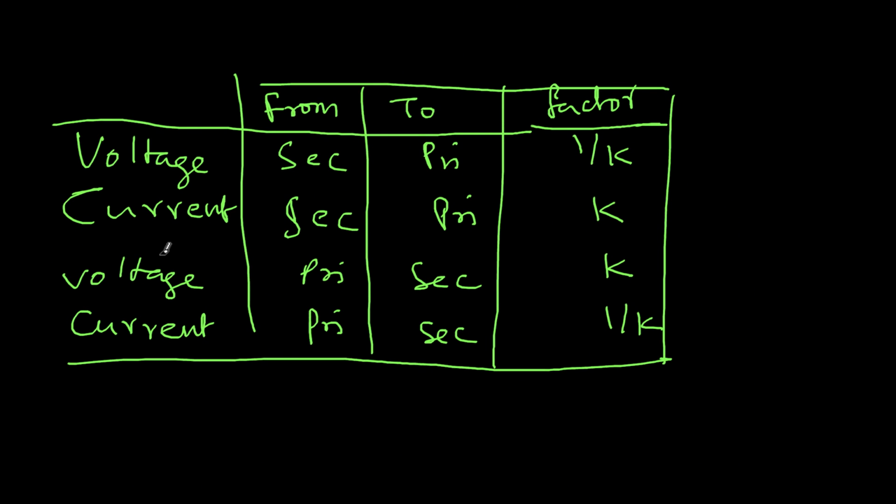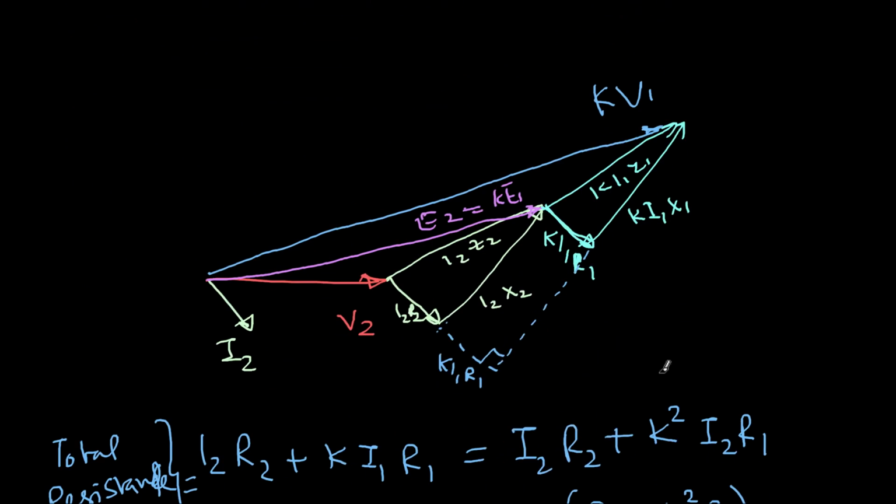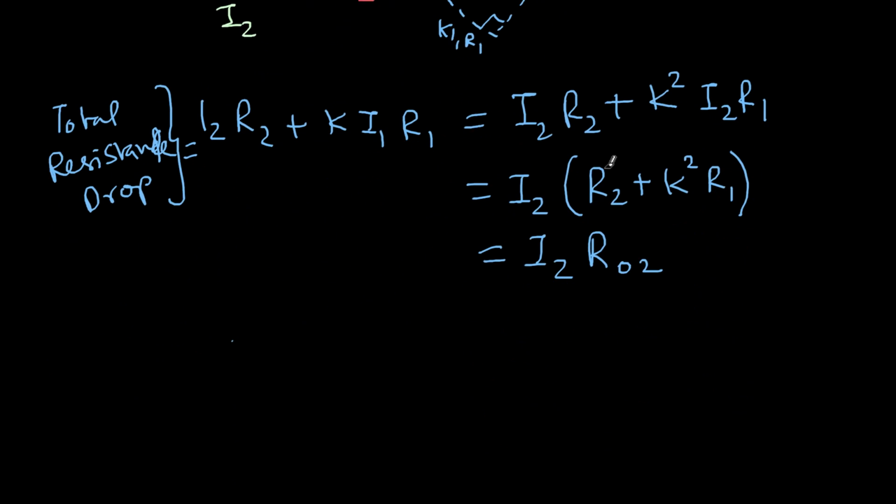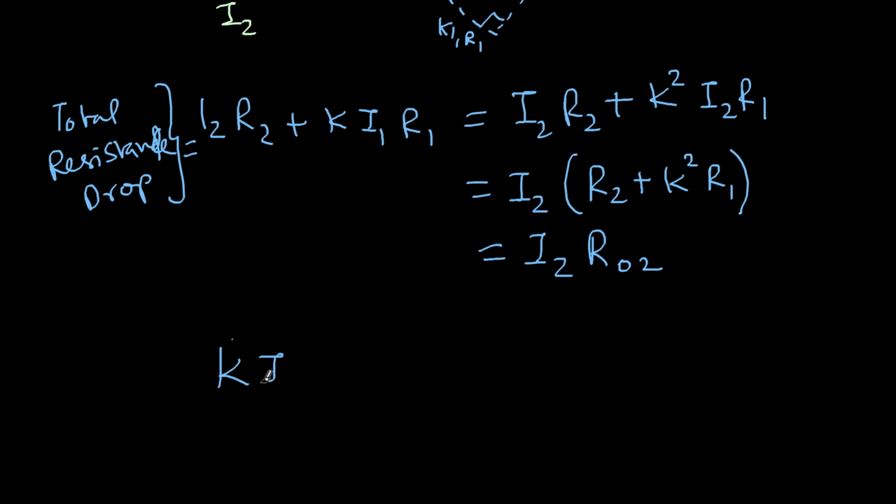Similarly, you look here. Just a minute. The current is transforming from primary to secondary side. By the same logic, if I once again look at this part, it is K into I1 into X1 plus I2 into X2.